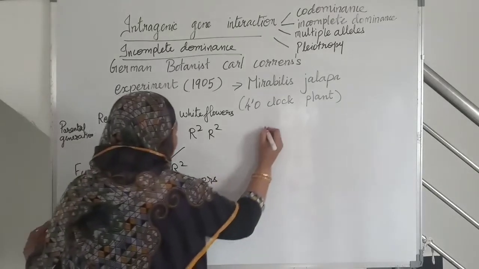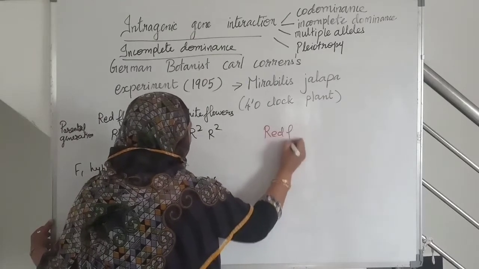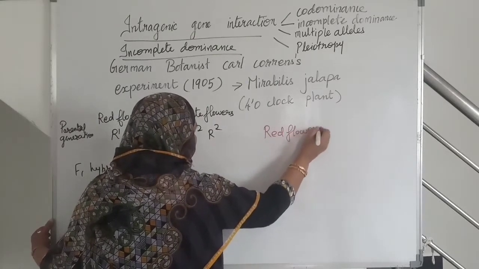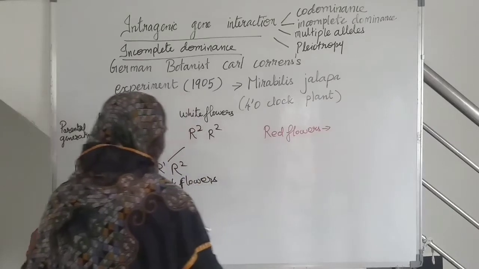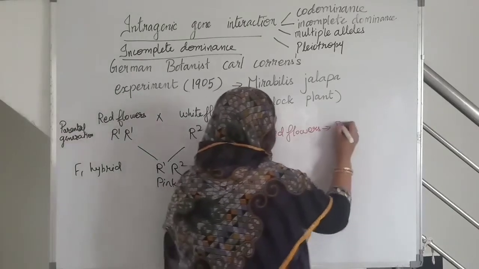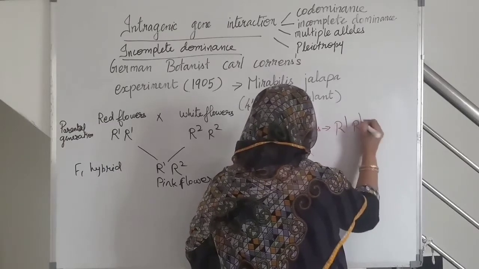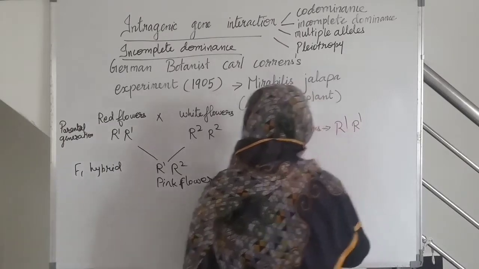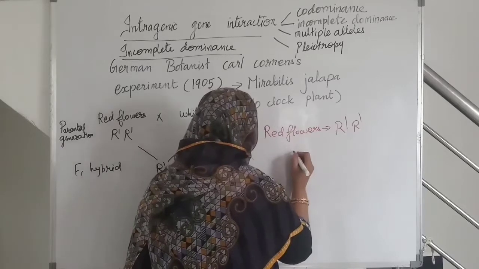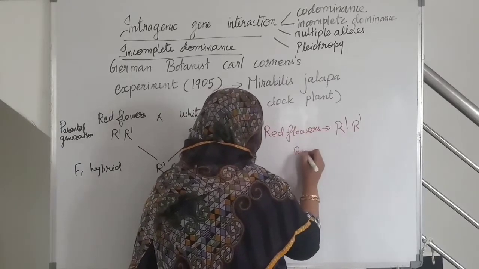To produce red flowers, it needs the R1R1 genotype, then only they can produce enough red pigments.